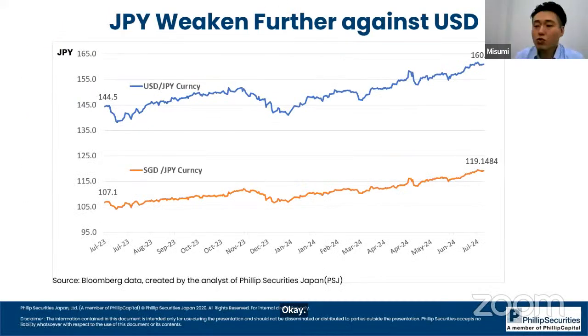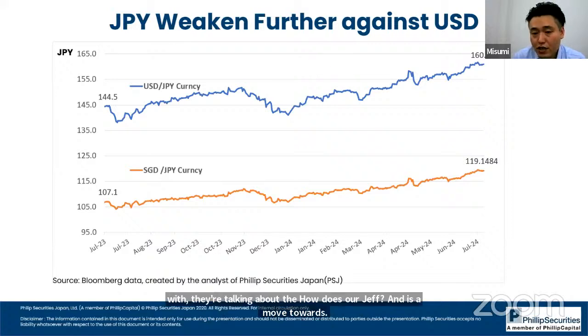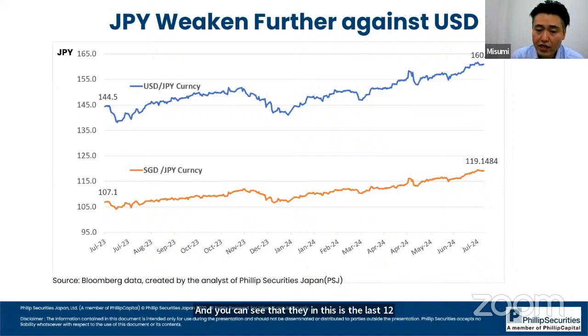Okay, so they're talking about how the Japanese yen has moved, and you can see the last 12 months movement of the Japanese yen against the USD and Singapore dollar. It's apparently weakening.